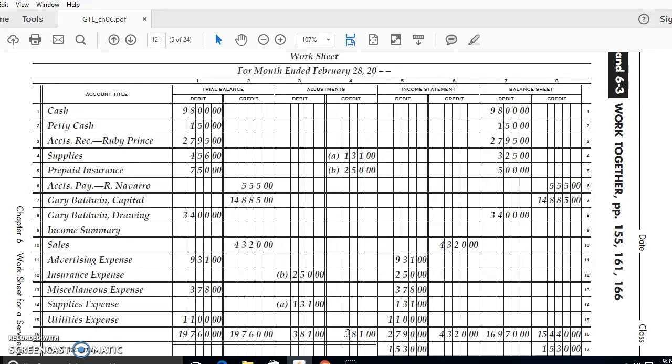The adjustment information you're going to find on page 161 of your textbook. Keep in mind, the book is going to give you these two digits that go in your balance sheet debit column. You're going to subtract the digits that the textbook gives you from your beginning balance, and the difference is your adjustment total.